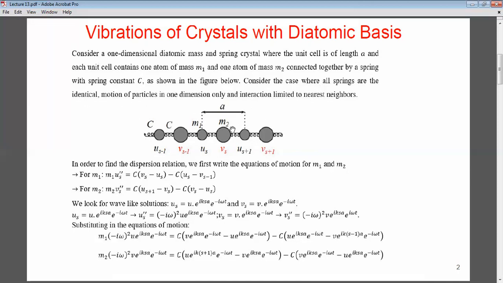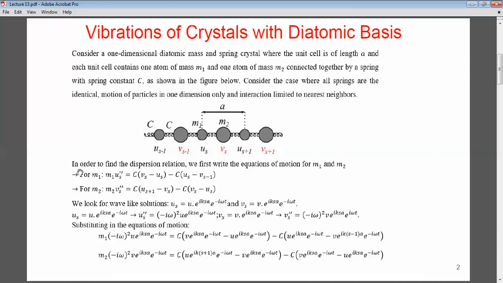So we're not going to say we have different spring constants. They all have exactly the same spring constant C. Motion of particles is in one dimension. This will also simplify the math we're going to do. And the interaction is limited to nearest neighbors. So U_s will only be affected by V_s and V_{s-1}. It will not be affected by U_{s+1}.